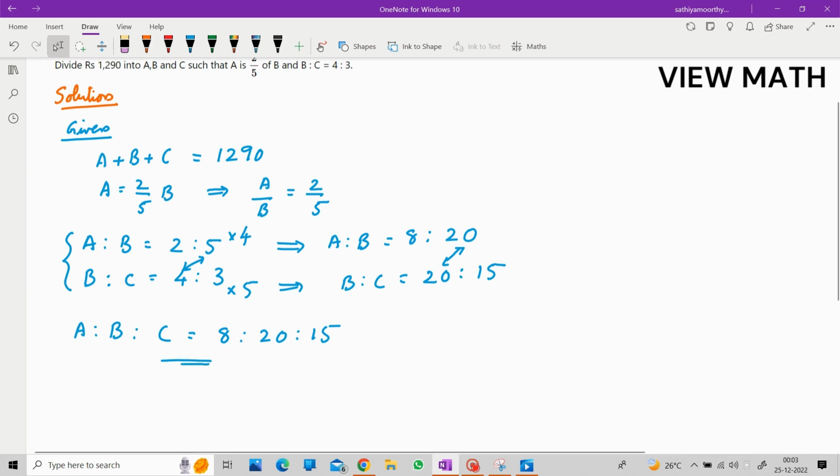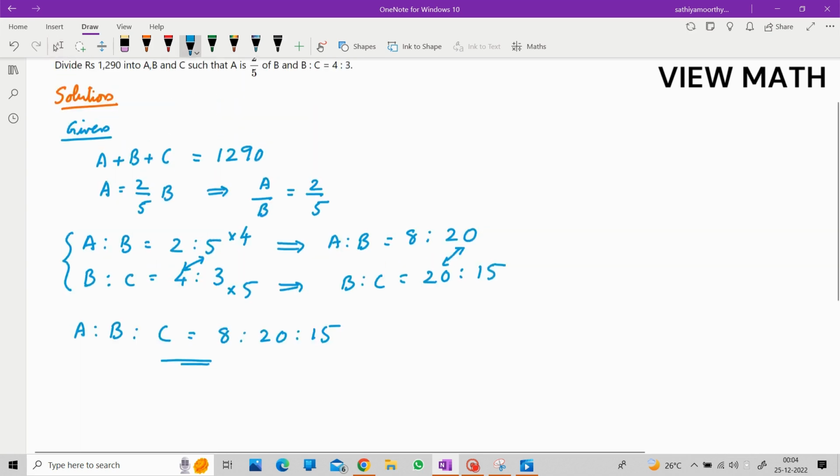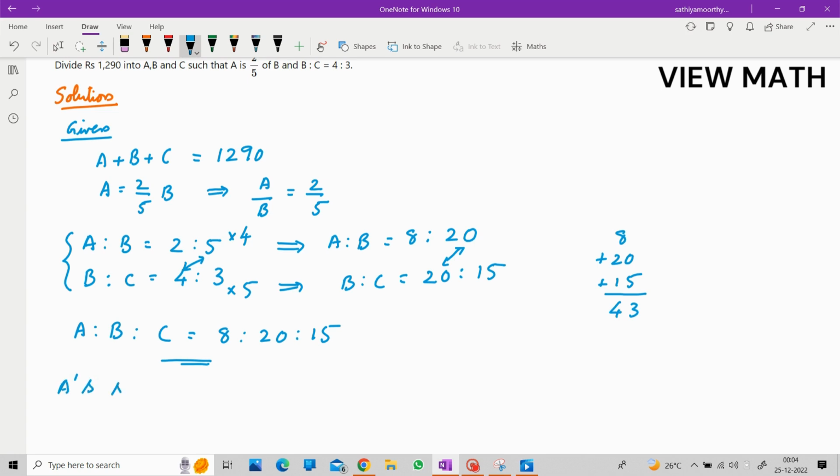Now I need to find out A's share, B's share and C's share. For that, the total is 8 plus 20 plus 15, which is equal to 43. So now let me find out A's share in 1290.